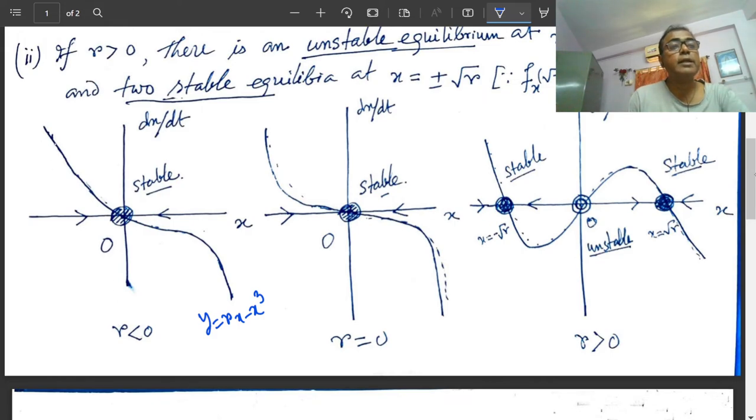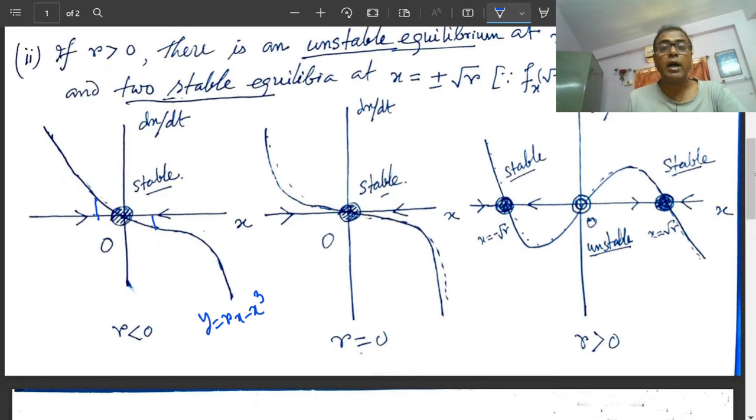We get this type of curve, and there is only one critical point, the origin, which is stable. To the left of the origin dx/dt is positive, so the arrow points right, and to the right of the origin it is negative, so the arrow points left. So the origin is an attractor, a stable equilibrium point when r is negative.